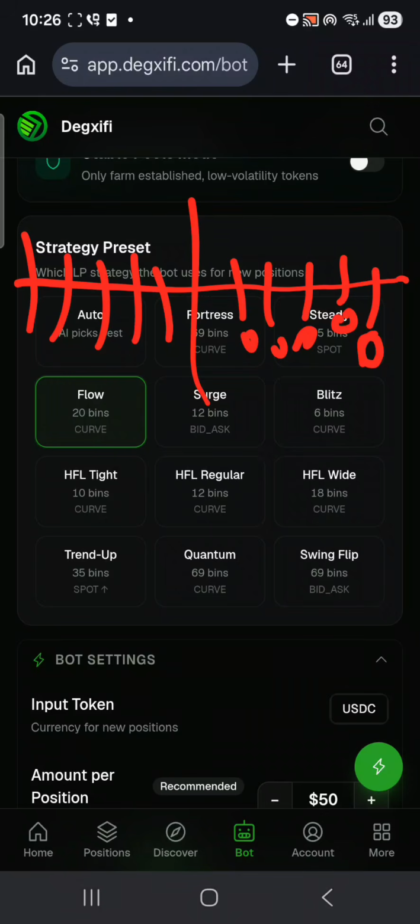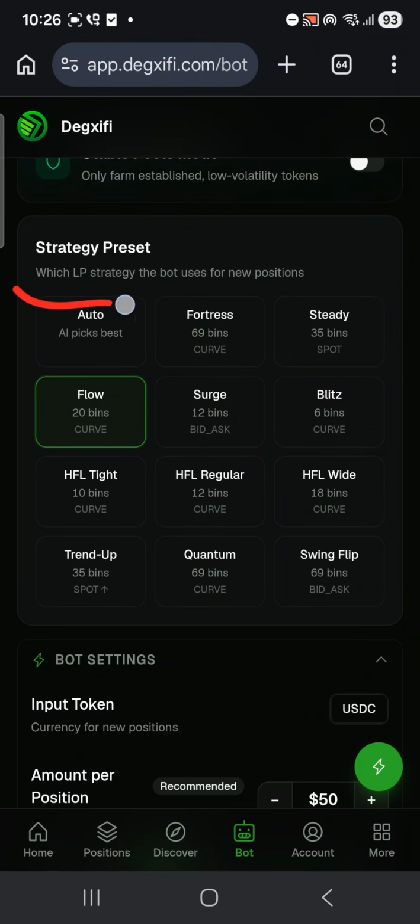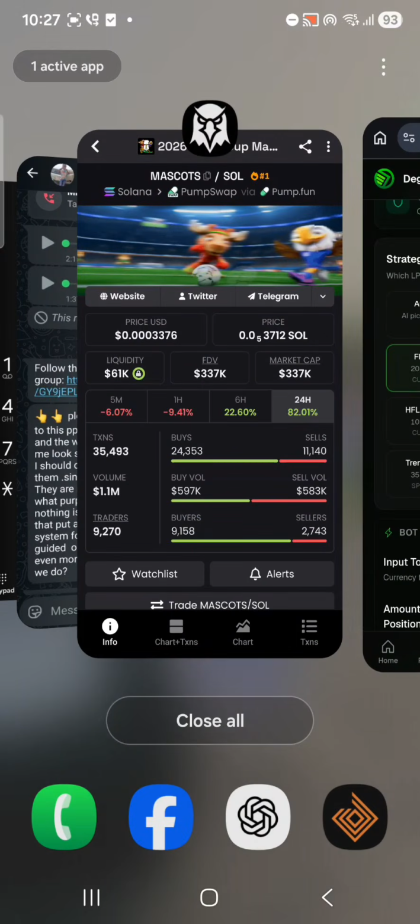So now, when people are buying, pay attention now. When people are buying, the coin is going up. Now, 50% of the money is in the base token, which is the volatile token, Mascot.